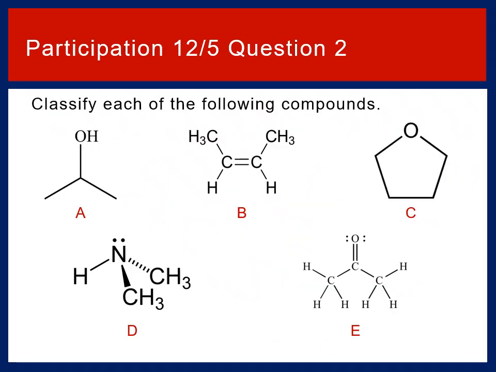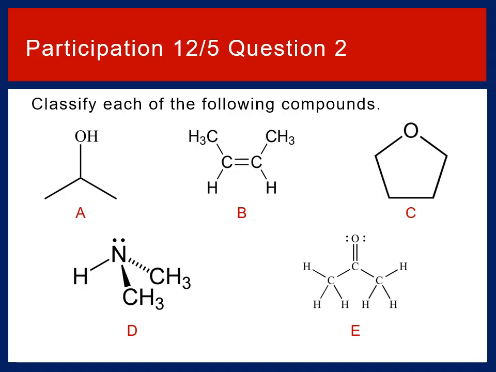Participation 12.5, question 2. Classify each of the following compounds, A, B, C, D, and E. For all 5 of those compounds, I would like to know which type of organic compound it is. This is the second question on participation 12.5, due Friday, December 5th at 11:59 p.m. over on Blackboard. The link to the assignment is right below the links to these videos.